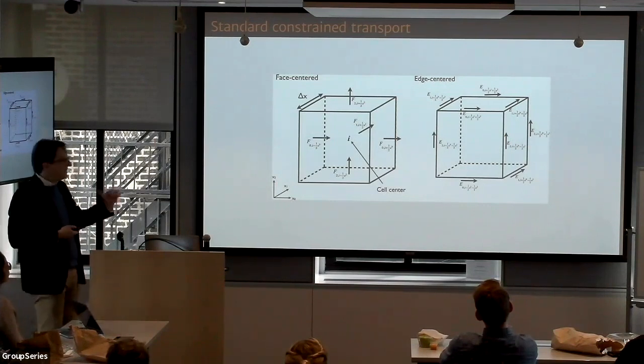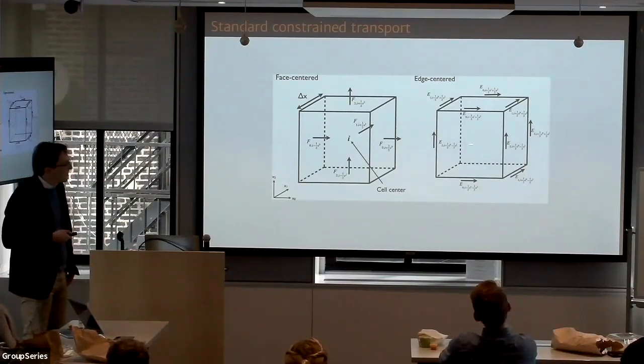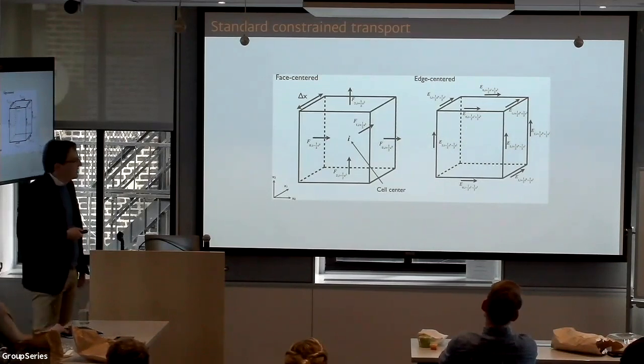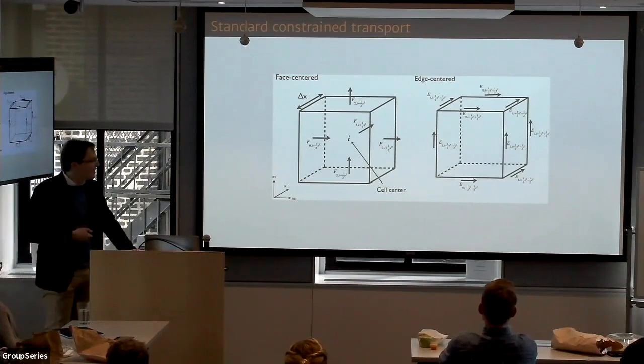And so these two changes cancel, so you can convince yourself that when you take these 6 faces of the cube, the sum of the fluxes will still add up to 0 because of this cancellation property. So that's the basic motivation here.